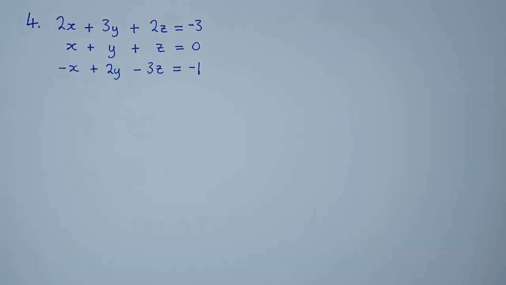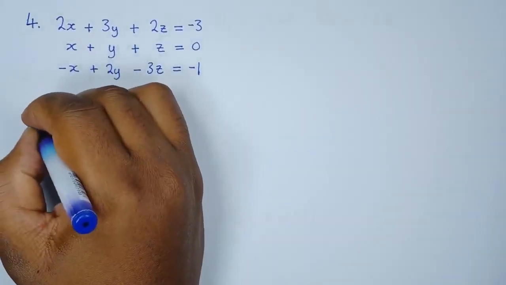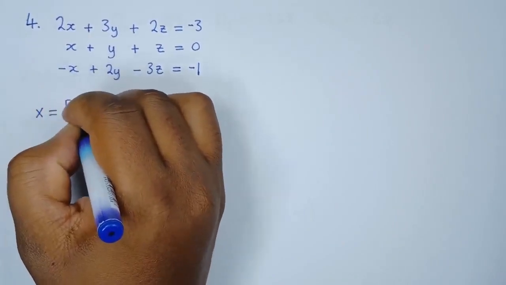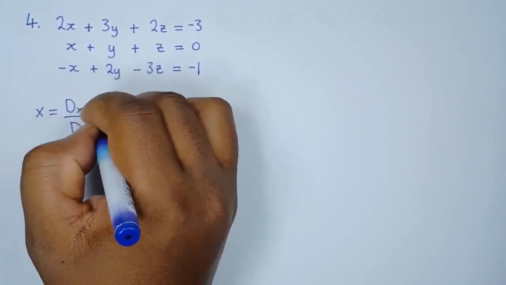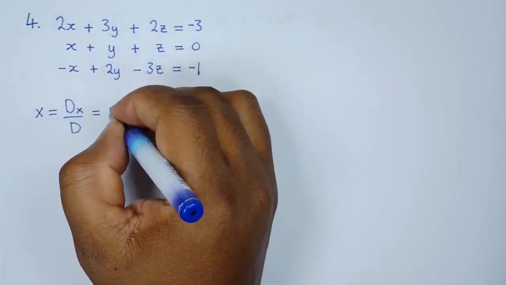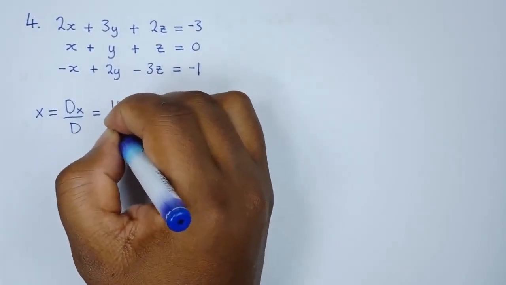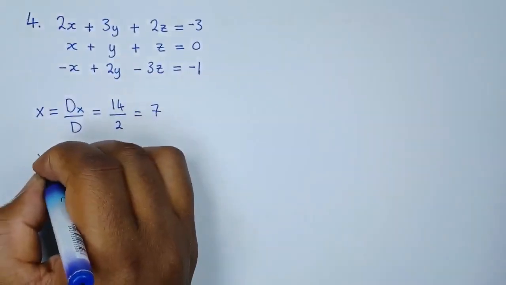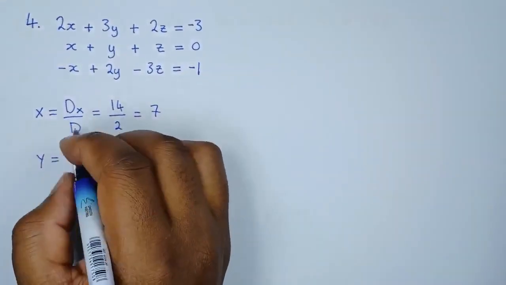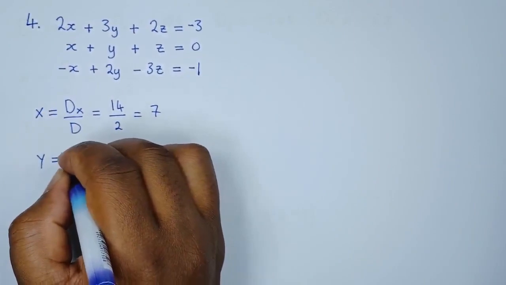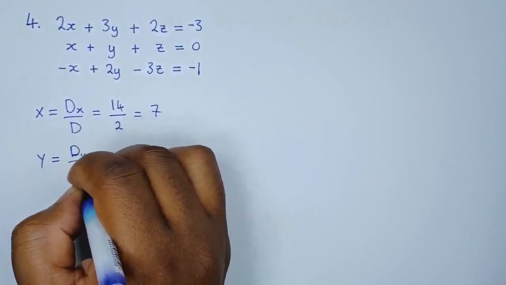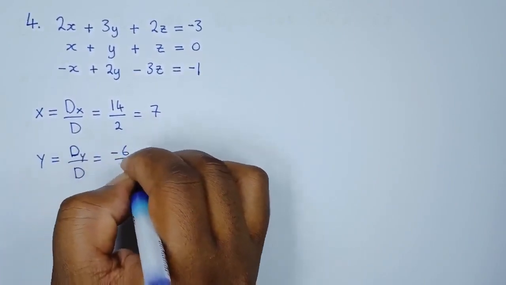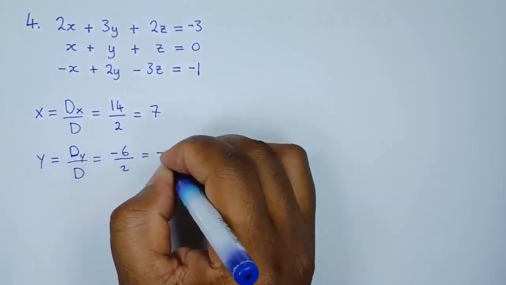Okay, so here are my determinants. The d I found is 2, meaning that the value of x equals dx over d. My value of dx was 14 over d, which is 2, so the value of x is 7. For y, my dy was negative 6, so dy over d is negative 6 over 2, so the value of y is negative 3.